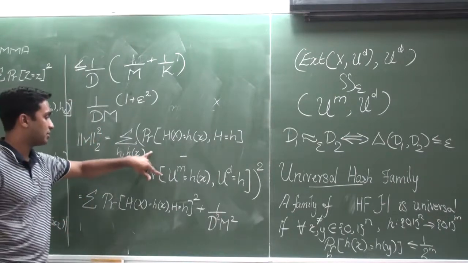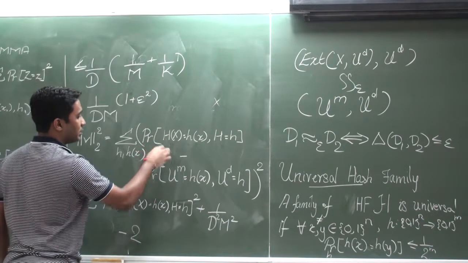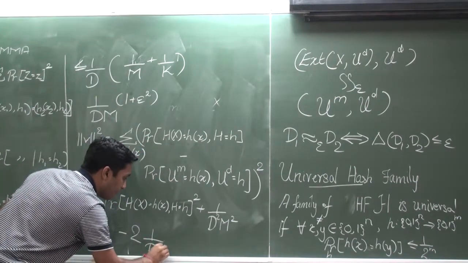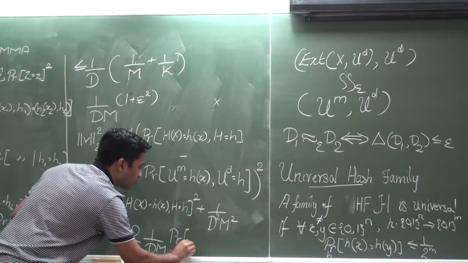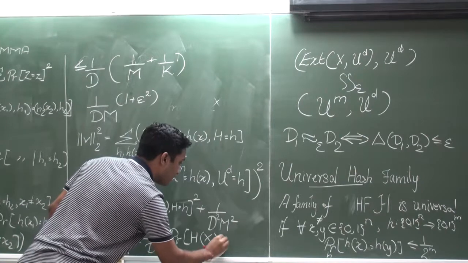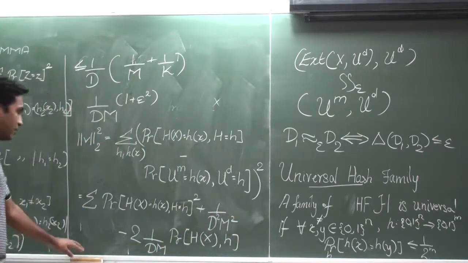And then minus 2 times the probability of this into the probability of this. The probability of this will be 1 by dm, and then this probability. Okay, this is what we want.